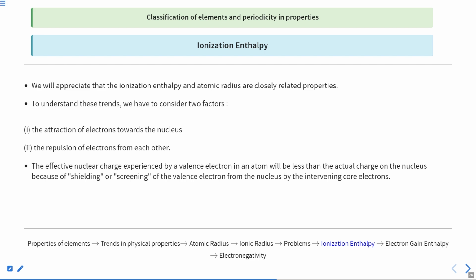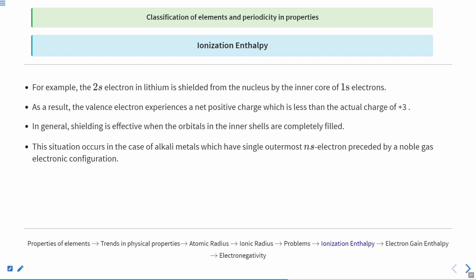Clear? Now, for example, if I talk about the shielding effect, the 2s electron in lithium is shielded from the nucleus by the inner 1s electron. As a result, the valence electron experiences a net positive charge which is less than +3. It should of course experience +3 charge, but since it is being shielded, think of it this way.